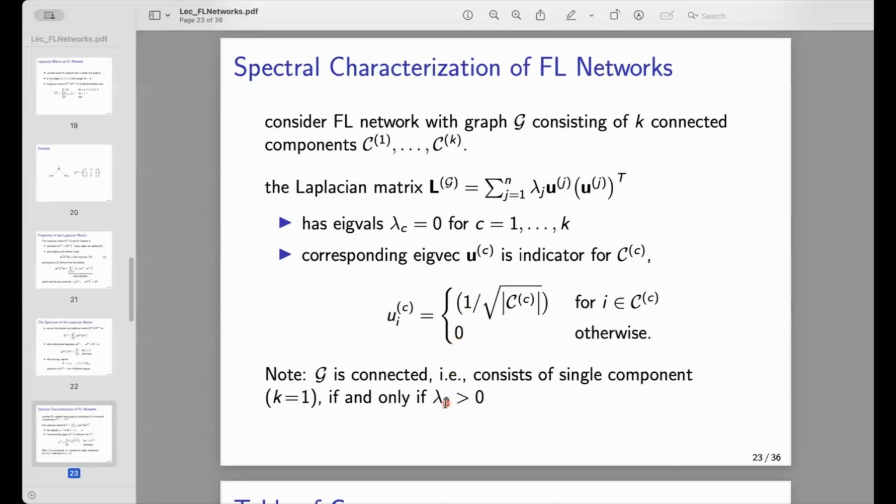If and only if this second eigenvalue is larger than 0, the entire graph is connected, so we find a path between any pair of nodes. However, if this second eigenvalue is also 0, this means that the whole network splits into at least two different components that are not connected. So it's disconnected.